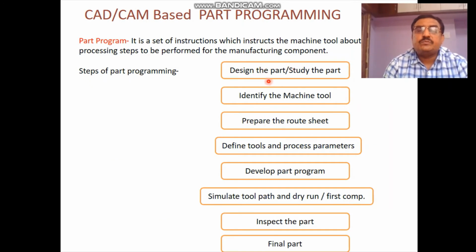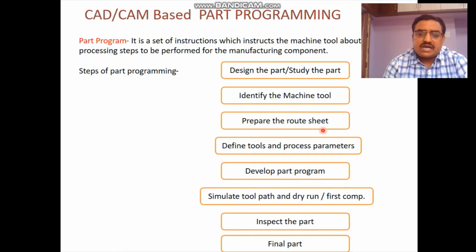First, a design should be there. The design should be modeled, then the machine should be defined, a route sheet will be prepared, different operations in sequence, tools should be selected, process parameters are selected, then a part program is developed by using the Mastercam software.